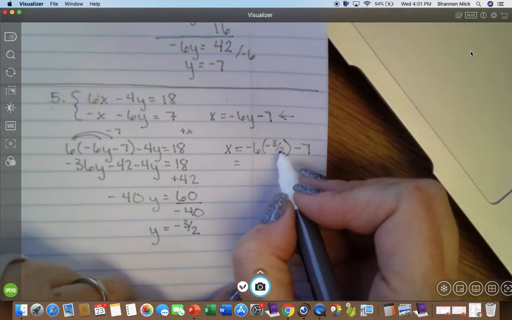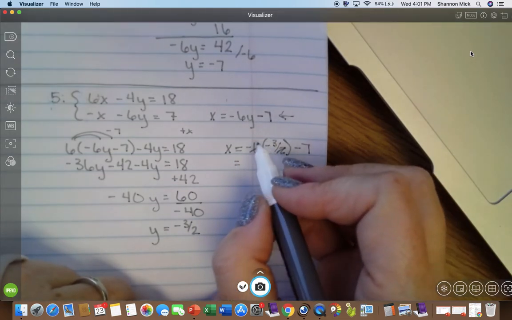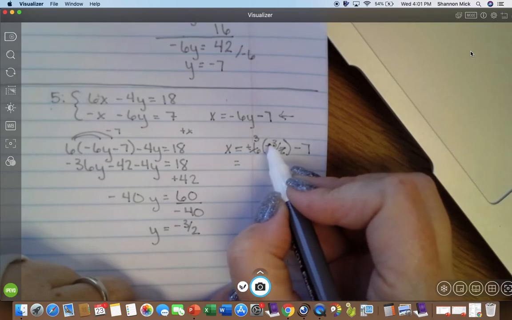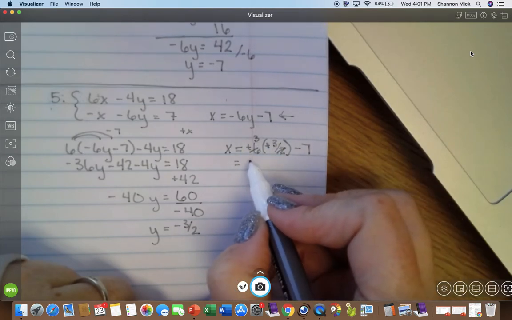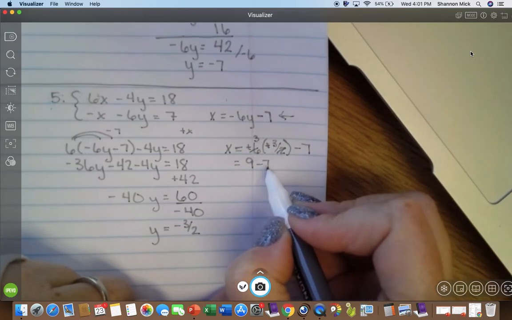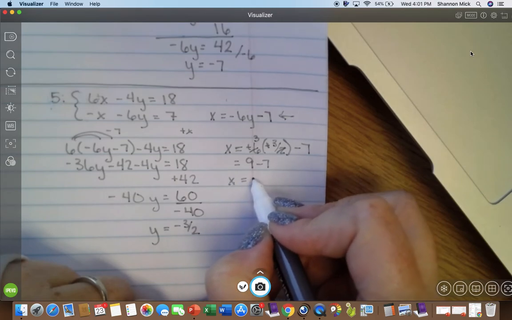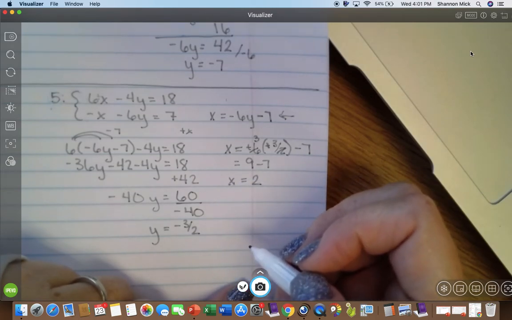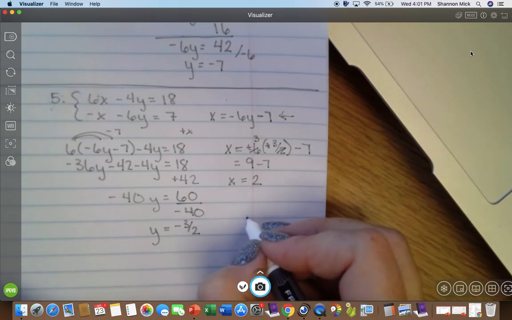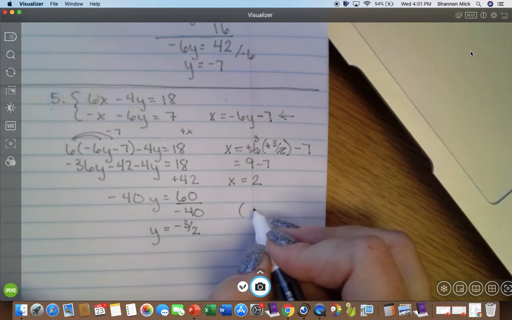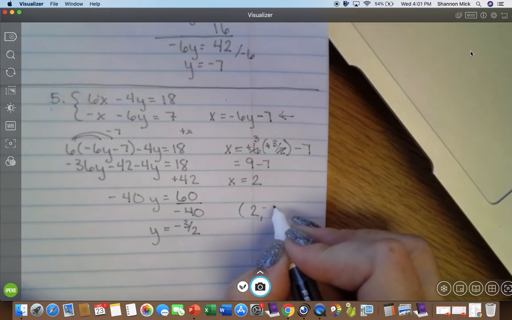That's good. 2 goes into 6 3 times. So I have 3 times 3 is 9, minus 7. So x equals 2. So my coordinate pair is 2, negative 3 halves.